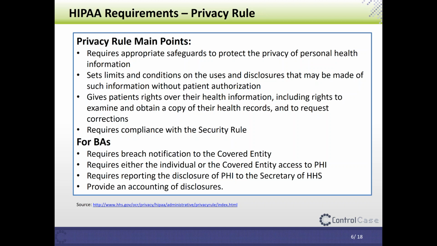It sets limits and conditions on what can and cannot be disclosed without patient authorization, or more rightly, a framework around what can be disclosed without patient authorization, and it gives patients rights over their healthcare information and the right to request corrections and copies of their healthcare records.